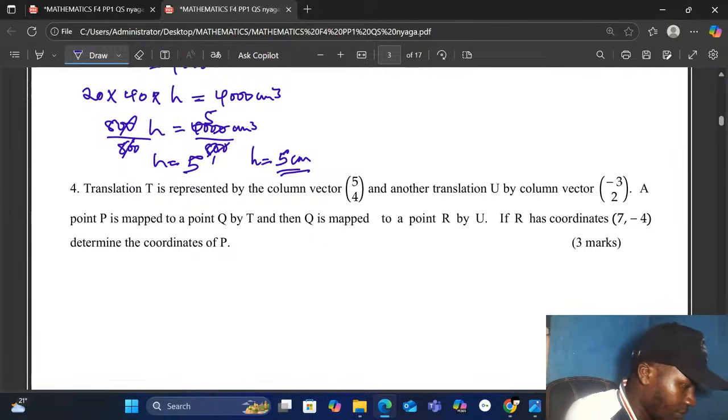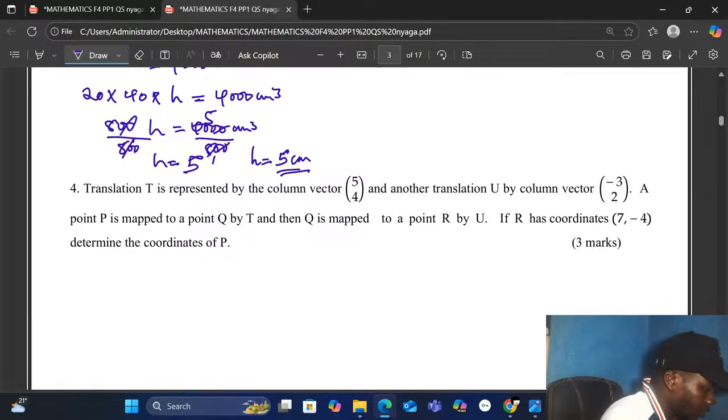A point P is mapped to a point Q by T, and then Q is mapped to a point R by U. If R has coordinates of (7, -4), determine the coordinates of P.